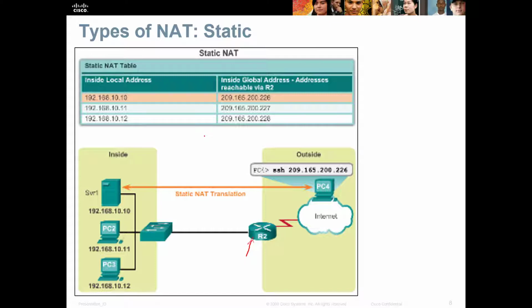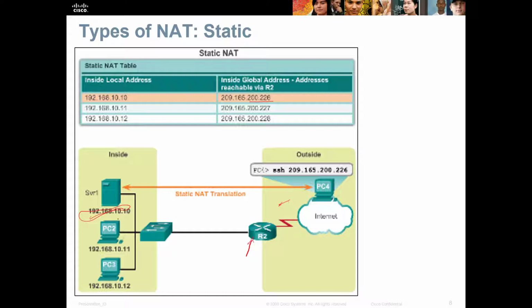And you can see from up above here, 192.168.10.10. This guy right here. Whoops, bad circling job, Bob. That server has been given an outside address of 200.226. So here it is. When viewed from the outside, this server looks like this address, 200.226.